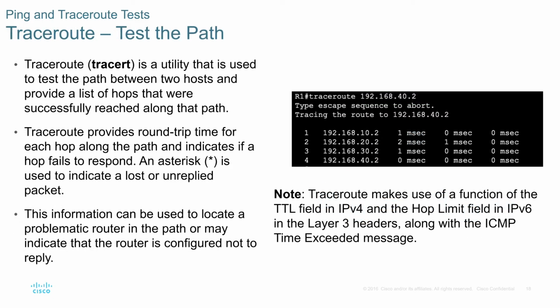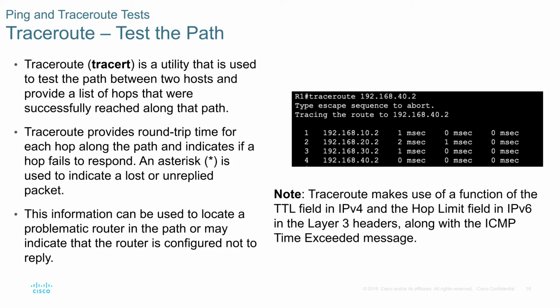Doing a trace route, which uses the same protocols as ping, with the addition of either a time to live or a hop count, traceroute or tracert is a utility that is used to test the path between two hosts and provide a list of hops that were successfully reached along that path.